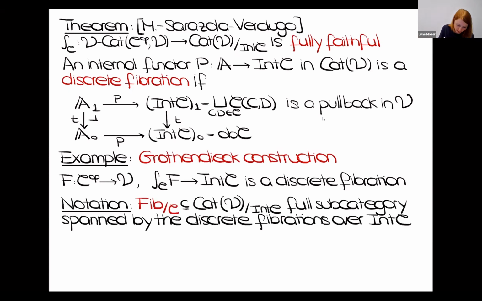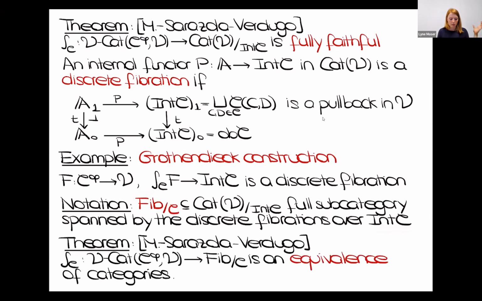And so if we denote by Fib over C the full subcategory of discrete fibrations over the internalization of C, then we can see that this Grothendieck construction that we defined actually gives us an equivalence of categories between V presheaves on C and discrete fibrations over C.